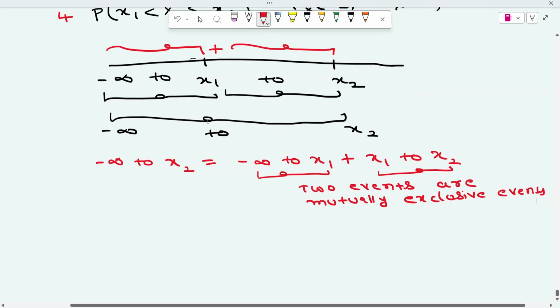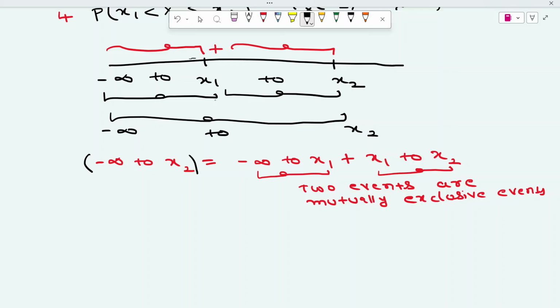Now if we apply probability to this entire thing, probability of minus infinity to x2, including up to x2, is nothing but Fx of x2.